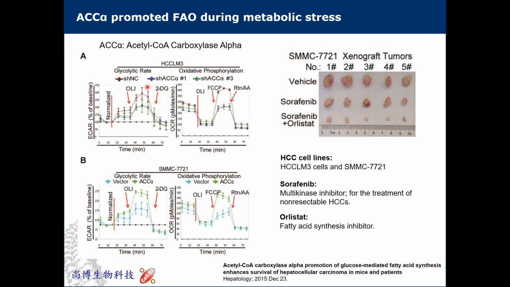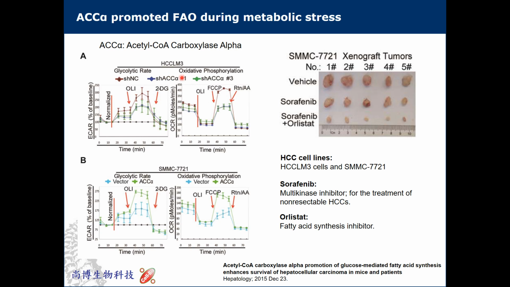You can see the control group is the brown one. As we knock down ACC alpha, both glycolysis and mitochondrial function, the whole cell metabolism decreased. So it means ACC alpha is very important for this HCC cancer.